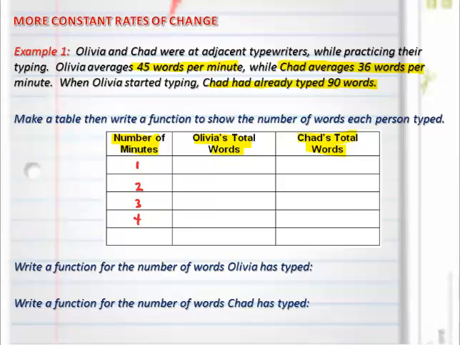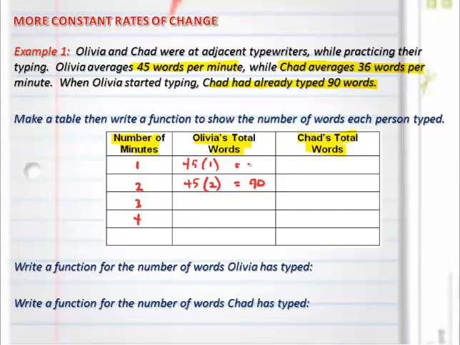Okay, so Olivia's total words, she types 45 words per minute. So after 1 minute, she had typed 45 words, and that'd be times 1 for 1 minute. After 2 minutes, Olivia would have typed 45 words times 2, which would be 90.